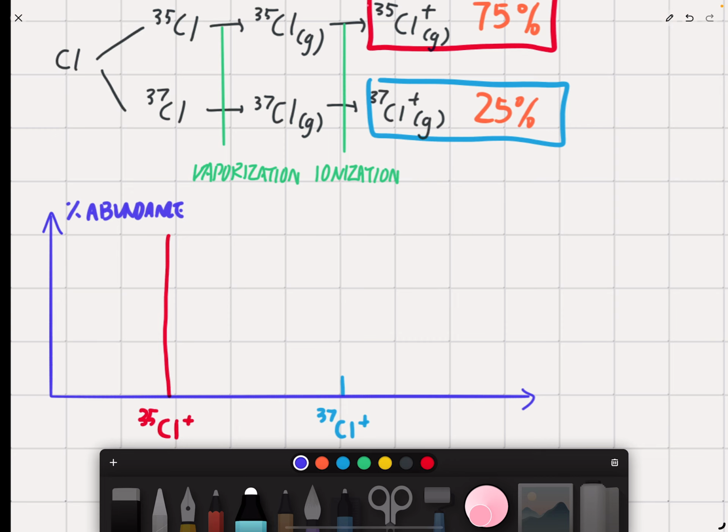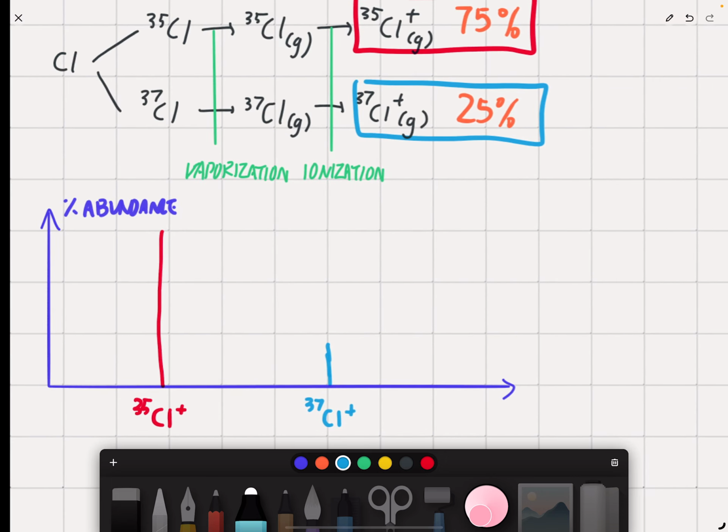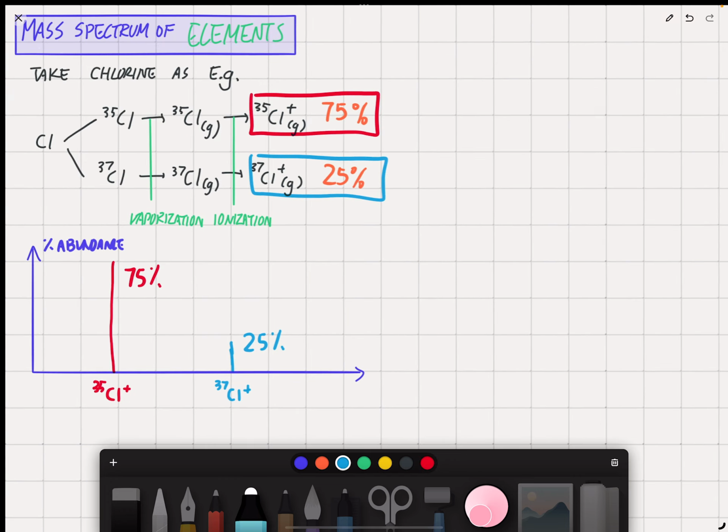You see the red line is taller than the blue line. Actually, let me draw it to scale. It should be 3 times as tall, because the percentage here is 75%, and for chlorine-37, it is only 25% in percent abundance. That's the mass spectrum of just the element.